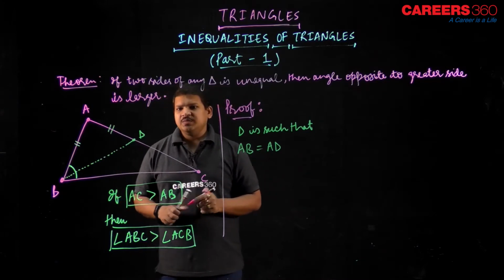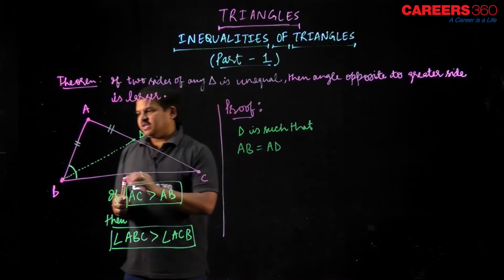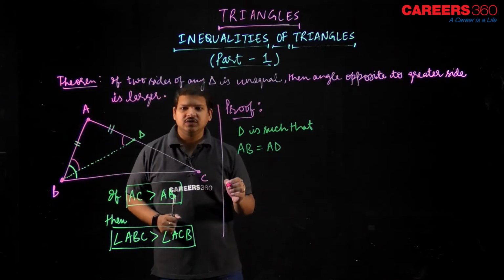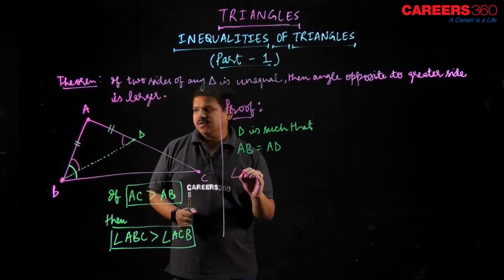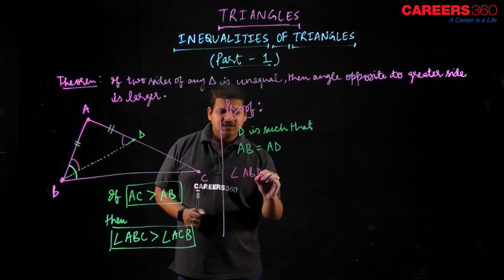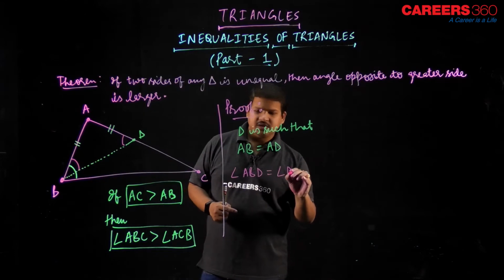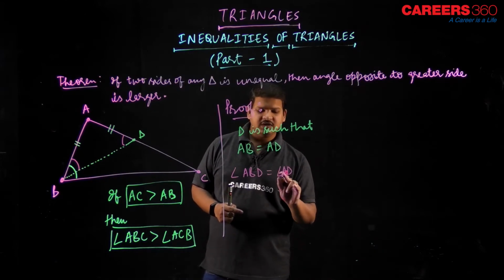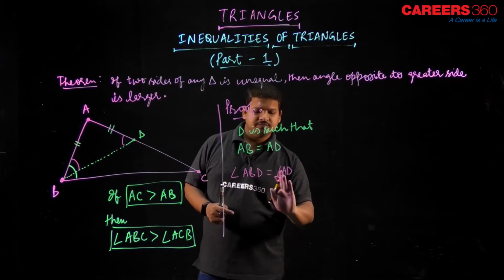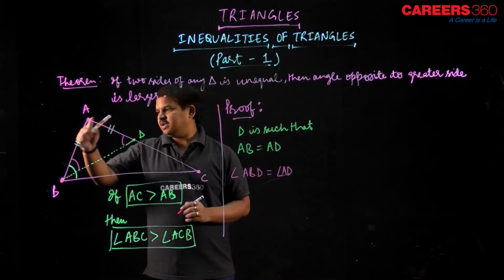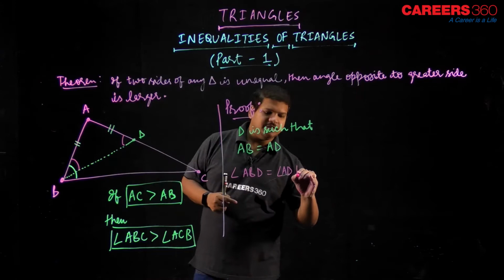Now, if AB is equal to AD, then these two angles will be equal to each other. That is, angle ABD will be equal to angle ADB.